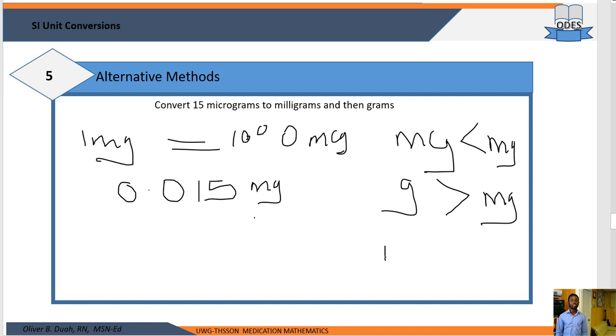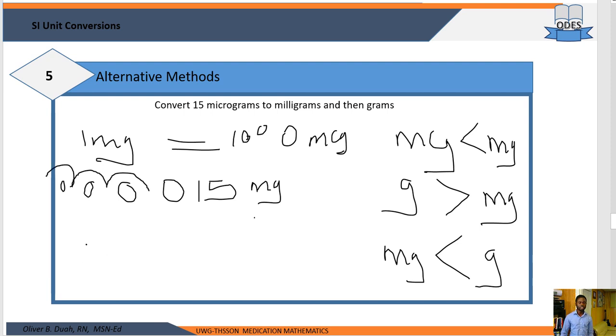Okay, so we are converting from milligrams to grams, and grams is greater, and so the arrow is pointing to the left. So it means that we're going to move it more to the left. 1000 has 3 zeros, so when we take our 0.015 milligrams, we are going to move this again. So put 0, 2, put 0, and 3.